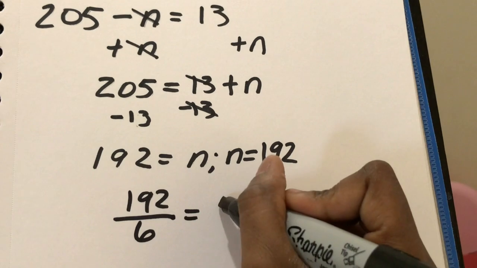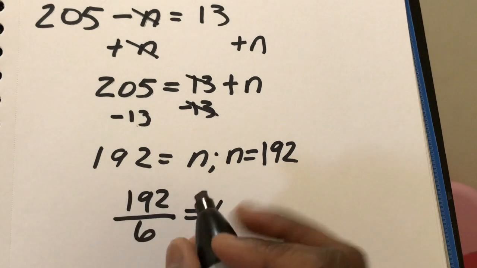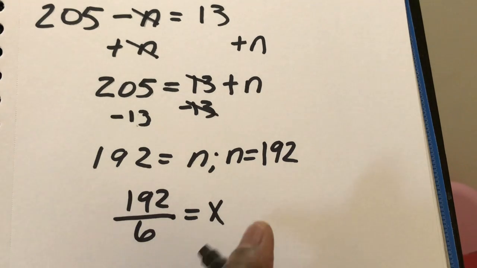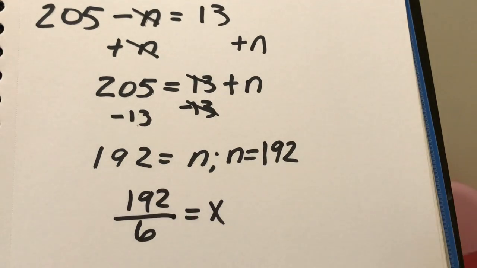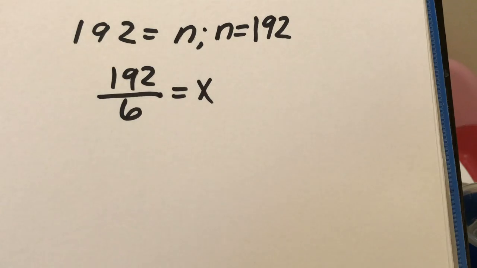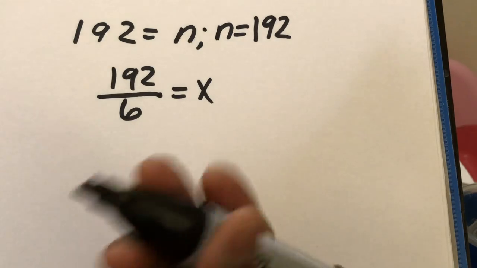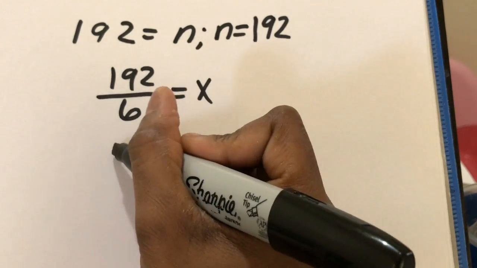You could say X is the variable we're going to use for how much she spent on each book. And you don't have to do anything but divide. So 192 divided by 6 will give you, let me show you. I know some of you can just go ahead and use your calculator to compute that, but this is how you would set up your problem.